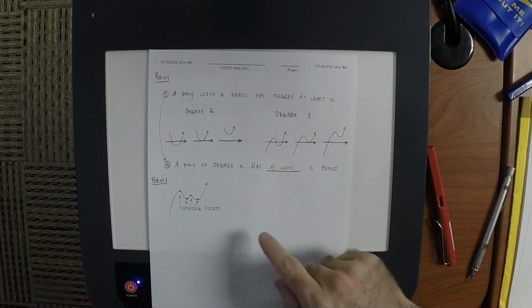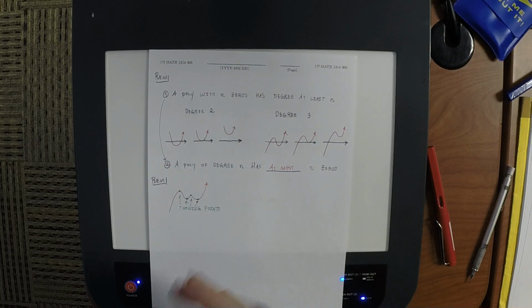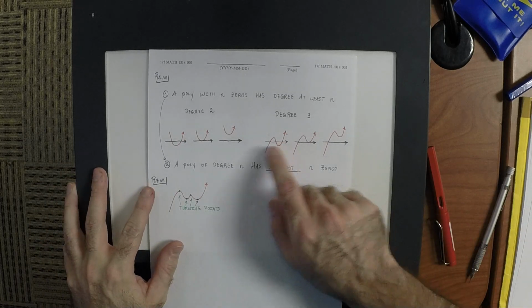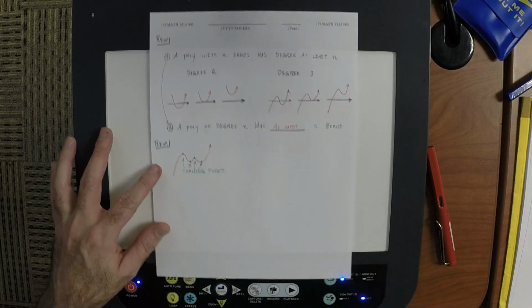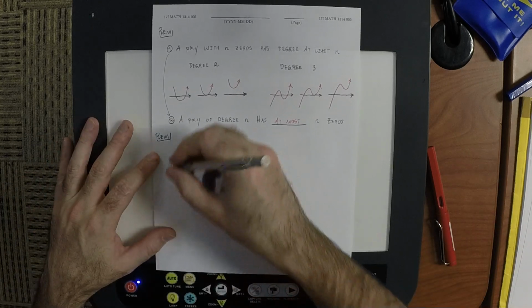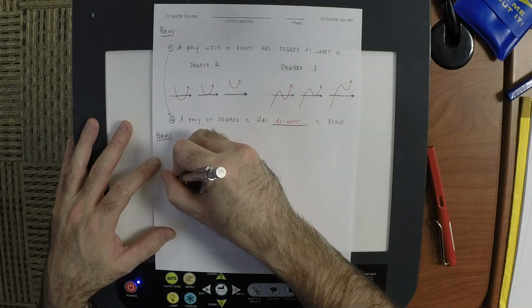Okay, so this particular one that I drew for you has 4 turning points. This one has 2 turning points. That one has 1 turning point.